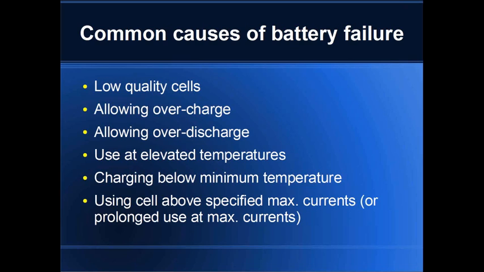So even if a data sheet says that you can draw 10 C or 5 C or 2 C out of a cell, if you do that continuously, you're not going to get the rated life. Most of the data sheets would specify lifespan at a 1 C charge and a 1 C discharge, or maybe a 0.2 C charge and a 1 C discharge. When you start drawing more current from them, the lifespan, again, goes down exponentially.